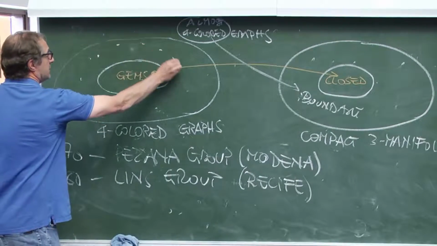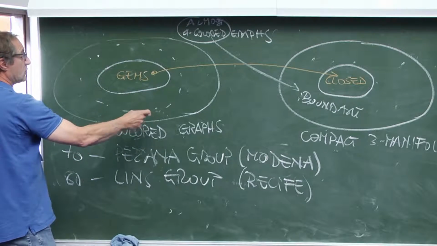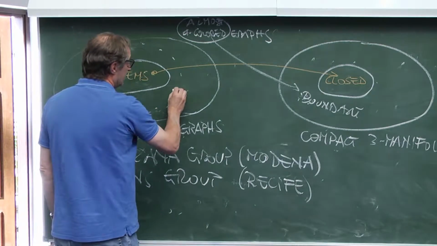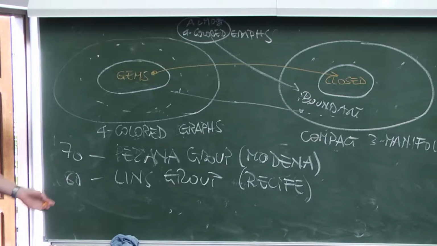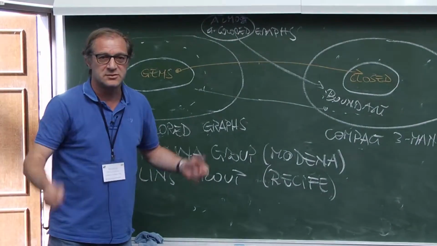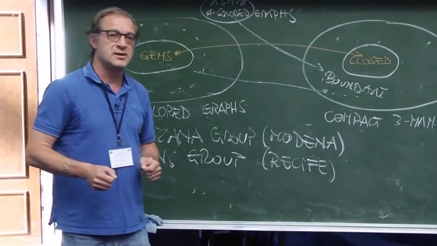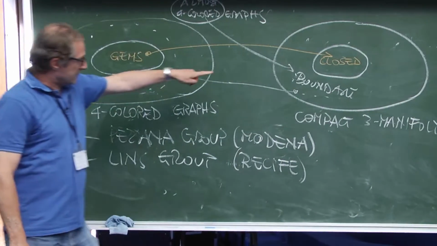Just take the other graphs in the class of four-colored graphs, which are not gems. Following the construction of Lins, we obtain all compact 3-manifolds with boundary except the ones with spherical boundary. But if the boundary is spherical, topologically it's nothing, because you just count how many spherical boundary components you have and fill them with balls.